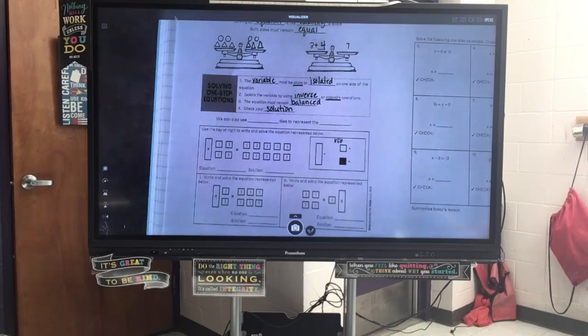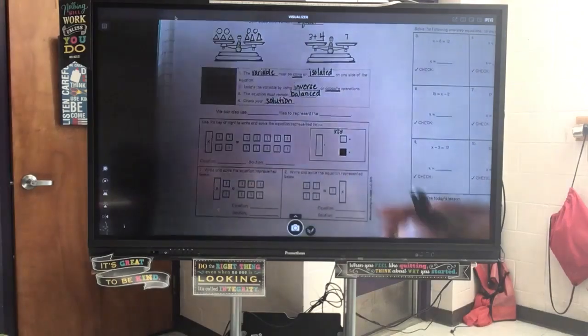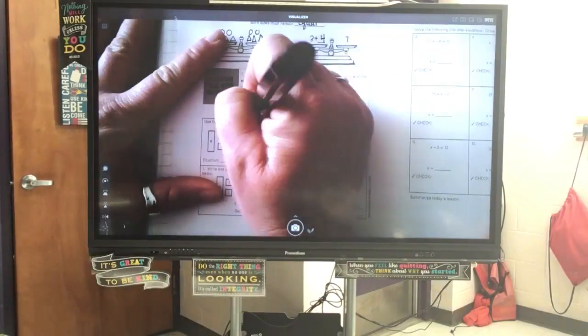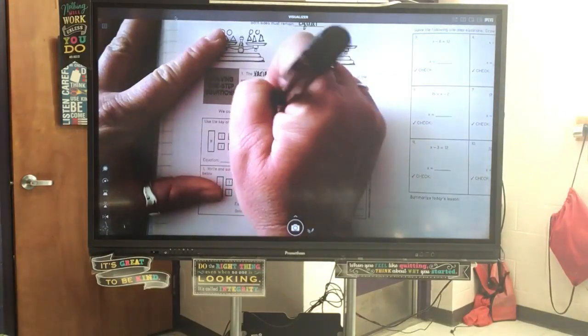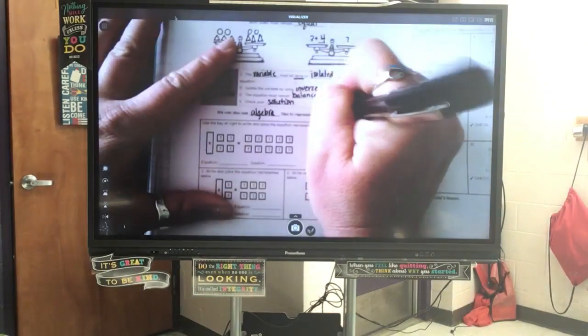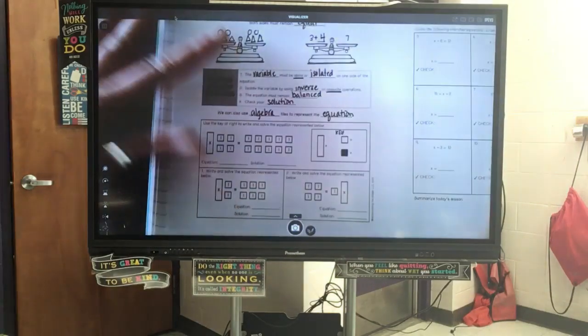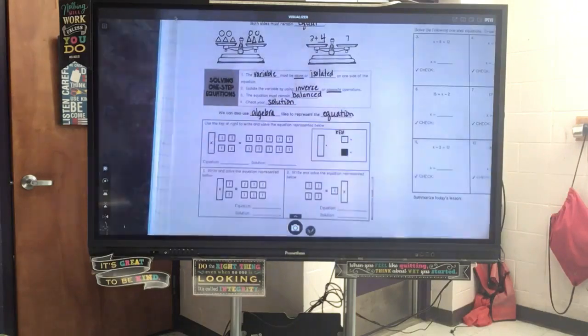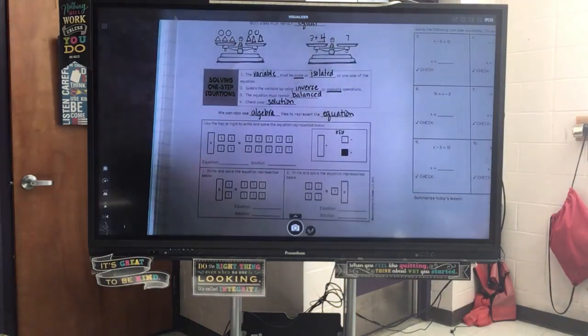Okay? Alright, it says we can also use algebra tiles, which are our models, to represent the equation. It says use the key on the right to write and solve the equation represented below.